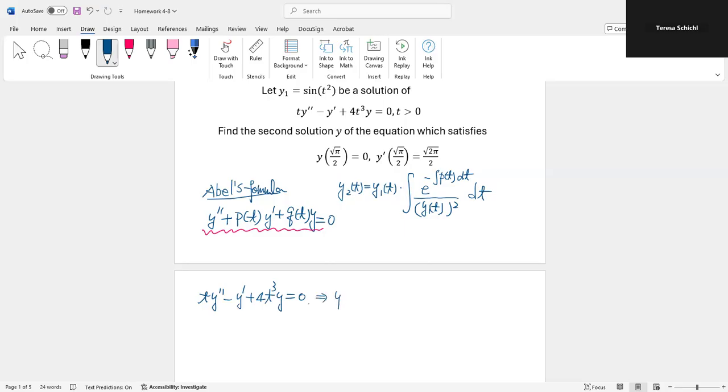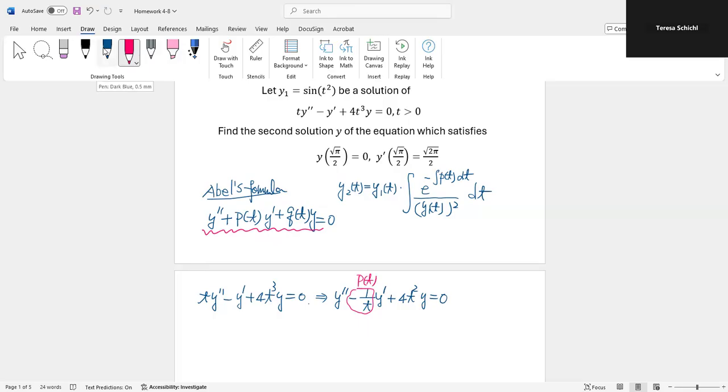So I have y double prime minus 1 over t y prime plus 4t squared y equal to 0. So now I know my p(t) is this, right? This is my p(t) here.